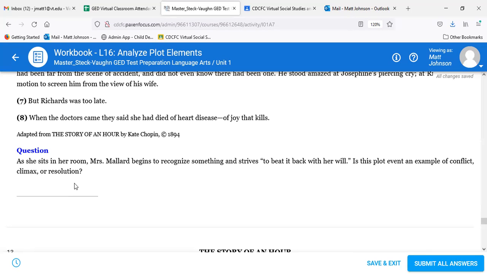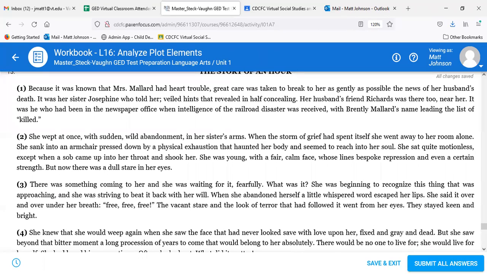It's an internal conflict, right? It doesn't have to be something between two people. It can be an internal conflict, something you're fighting with on the inside, something you're struggling with. So here, that's what's happening to Mrs. Mallard. So conflict for 12.